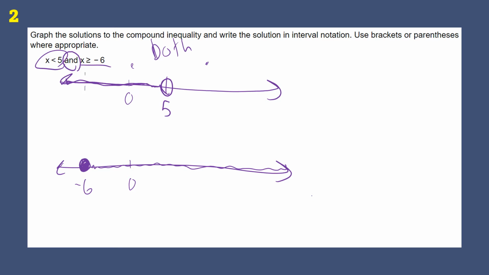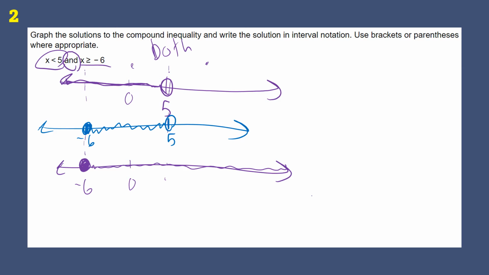If I put these on one number line, in the same spot, we have negative 6, we have 5. We have filled in between, a closed circle and an open circle.